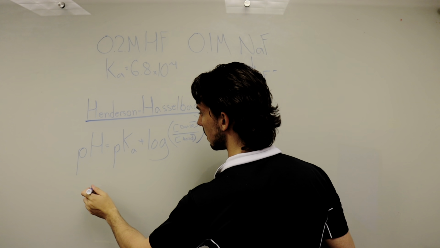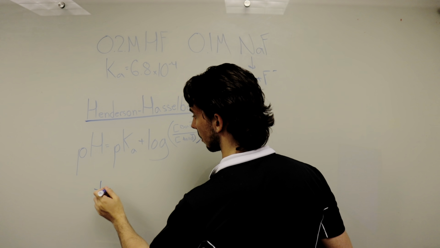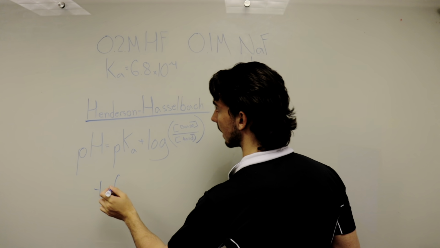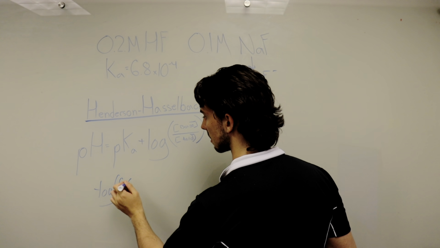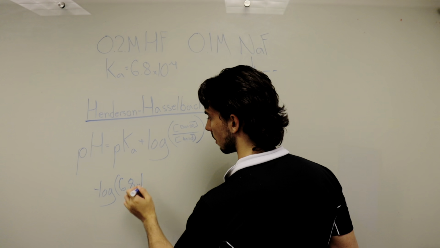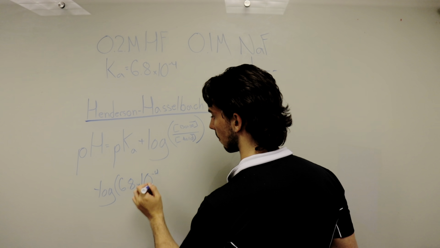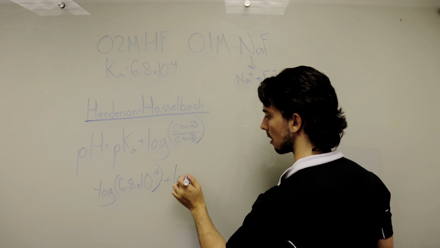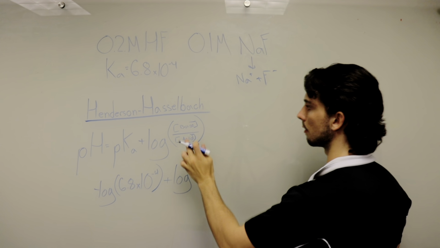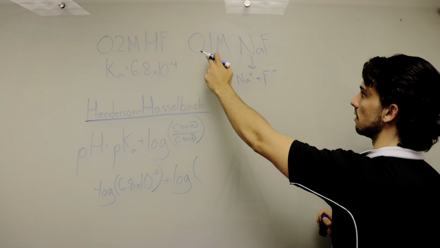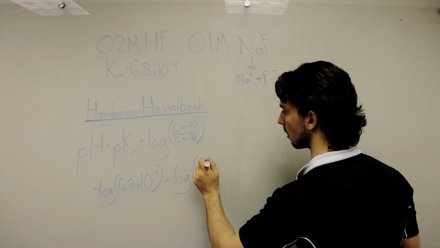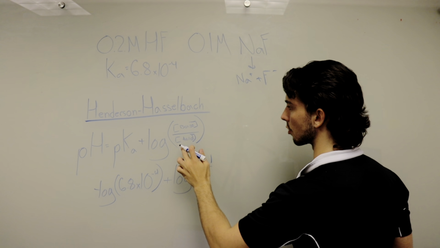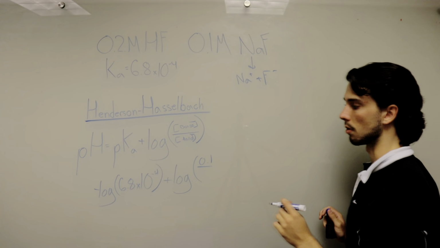pKa, we remember the P literally stands for negative log. The negative log of our Ka, which is 6.8 times 10 to the negative 4, plus the log of concentration of our base, 0.1, over the concentration of our acid, 0.2 hydrogen fluoride.